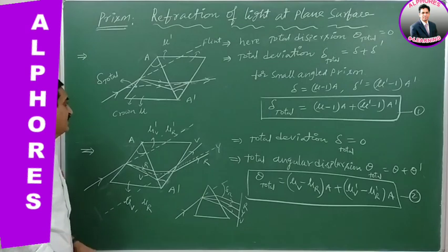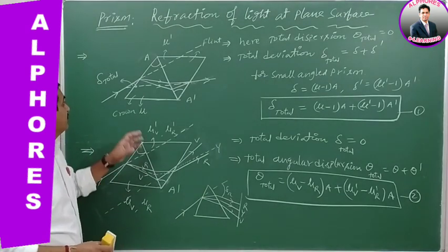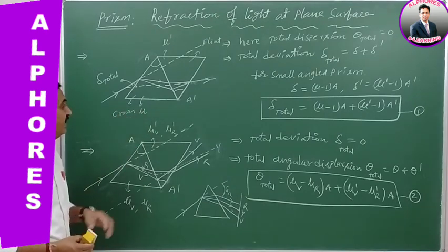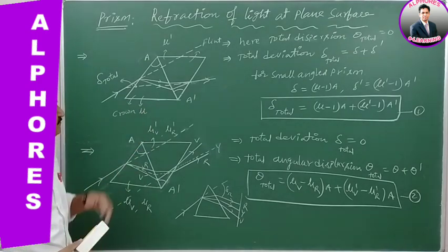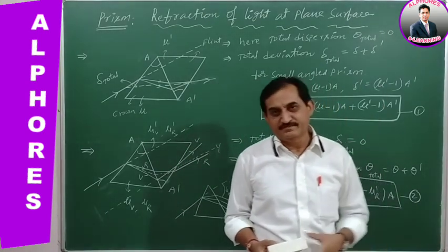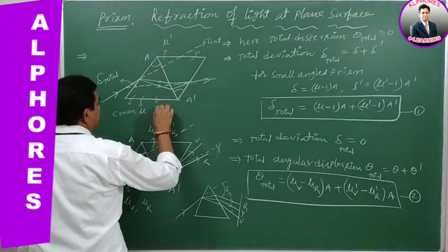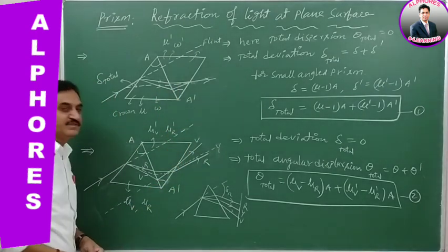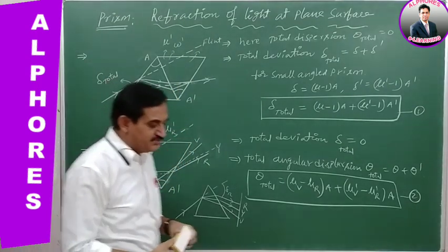These two prisms have different angles of prism and the materials are different. So if the materials are different, definitely their dispersive powers are different. This dispersive power is omega and this dispersive power is omega dash. The refractive indices are different, this is mu and that is mu dash.